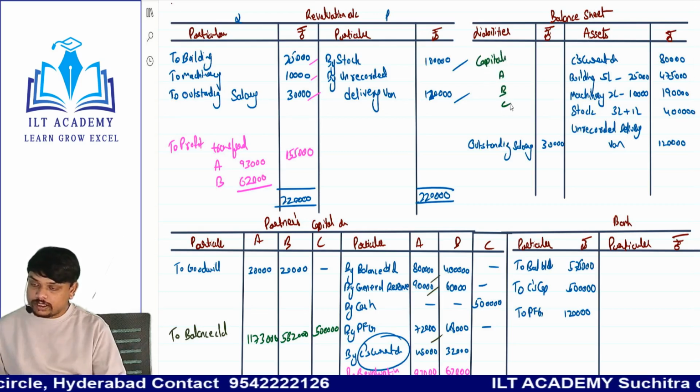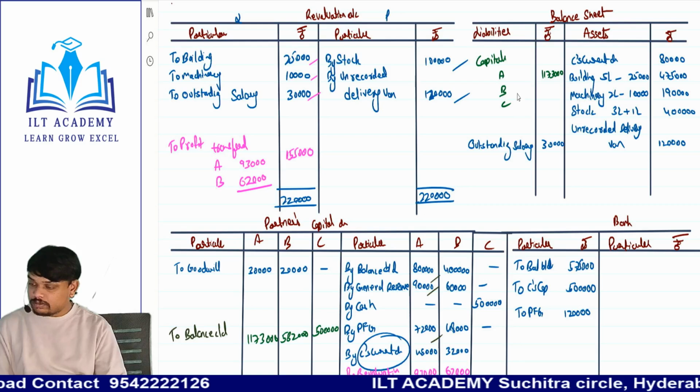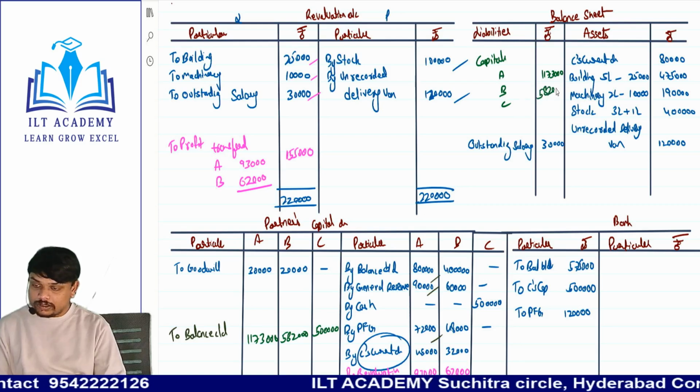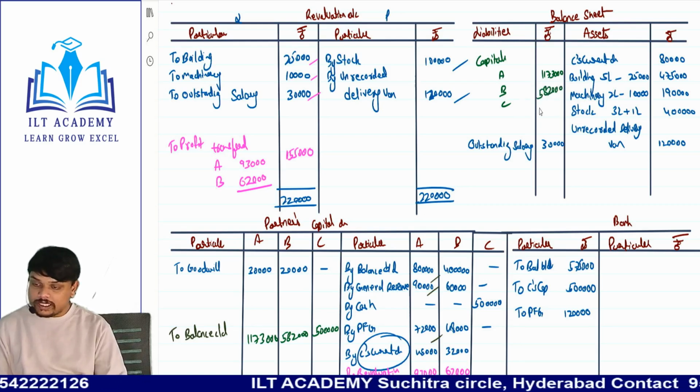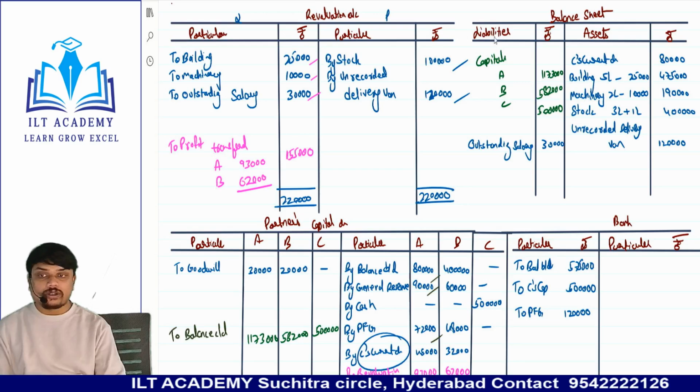His total is 5 lakh 82,000, and this is 5 lakhs. Since it is the balance, it is taken to the balance sheet.